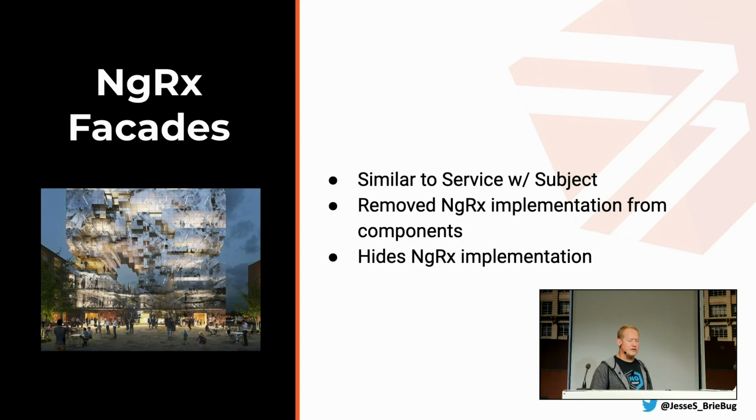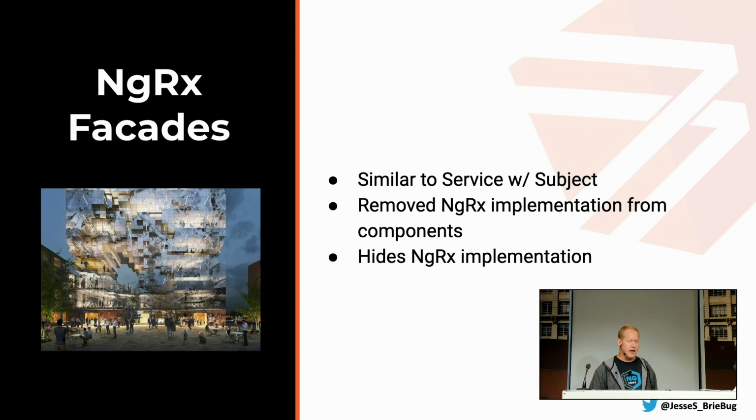What it does is allow us to remove the NgRx implementation from our components. The beauty here, and what I was saying earlier, is start small, start simple, and then have a nice clear upgrade path into NgRx. Well, facades help you actually get there.